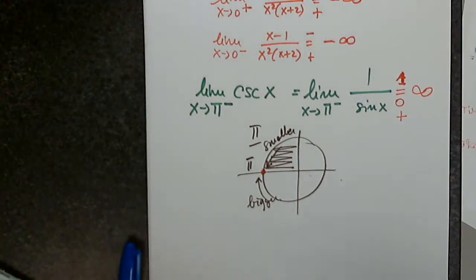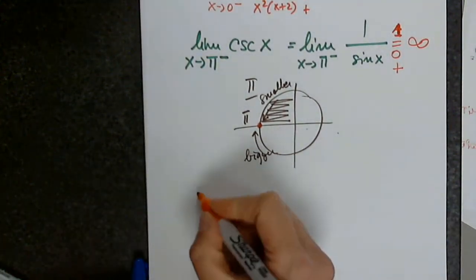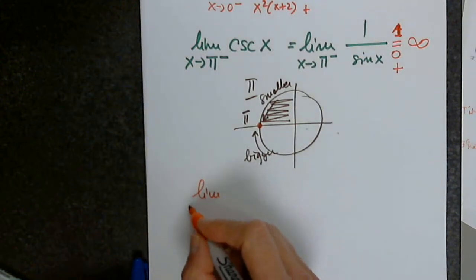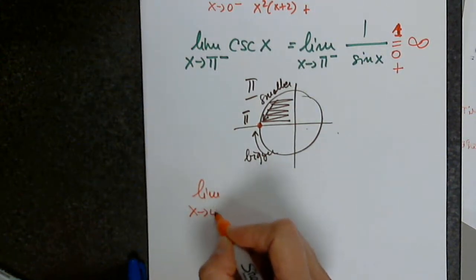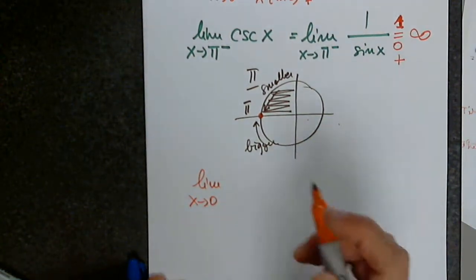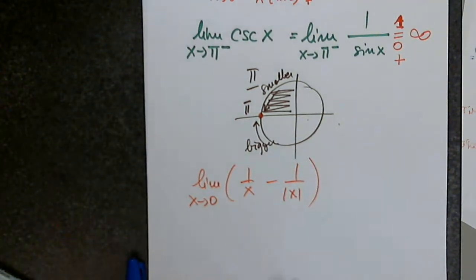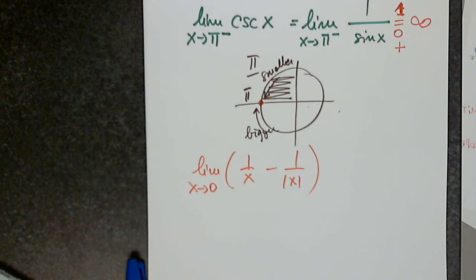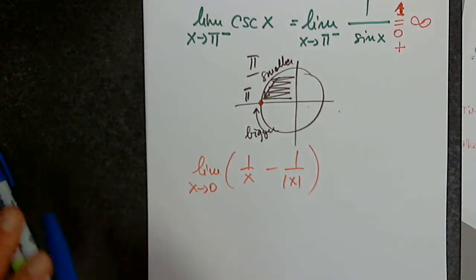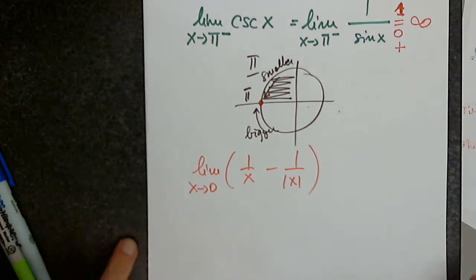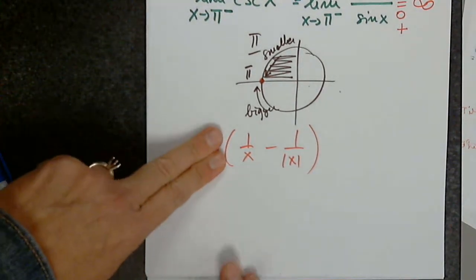I think I can finish this problem. So here it is. We're asked to find the limit as x approaches 0. I'm going to change it for now just to make a point. 1 over the absolute value of x.